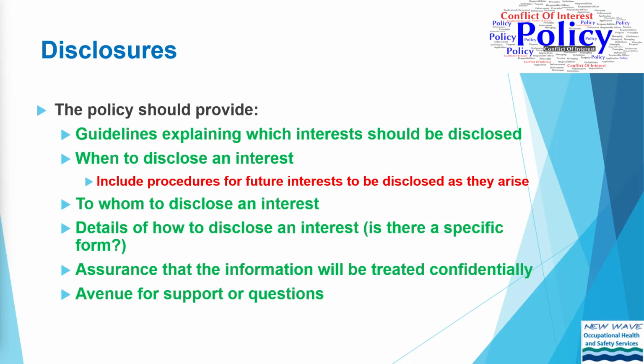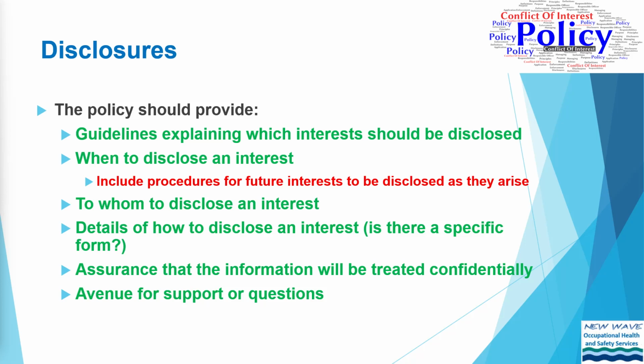As you know, the last module was devoted to disclosure, so it should be a major focus of your policy. You should discuss such things as which interest should be disclosed, when to disclose an interest, including procedures to disclose future interests, to whom to disclose the interests, details of how to disclose an interest.